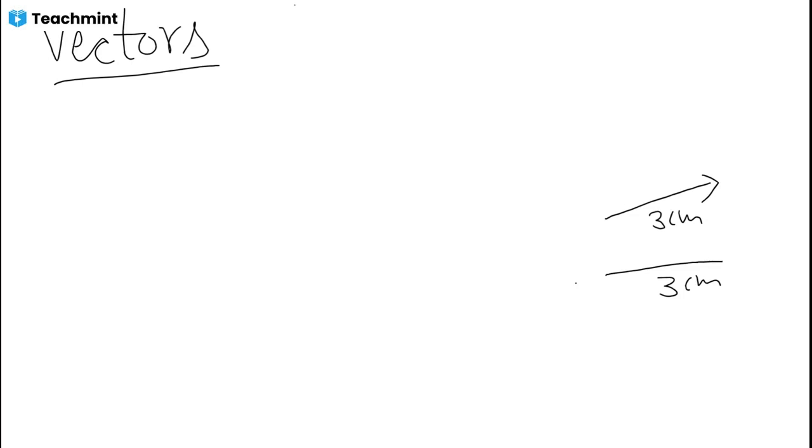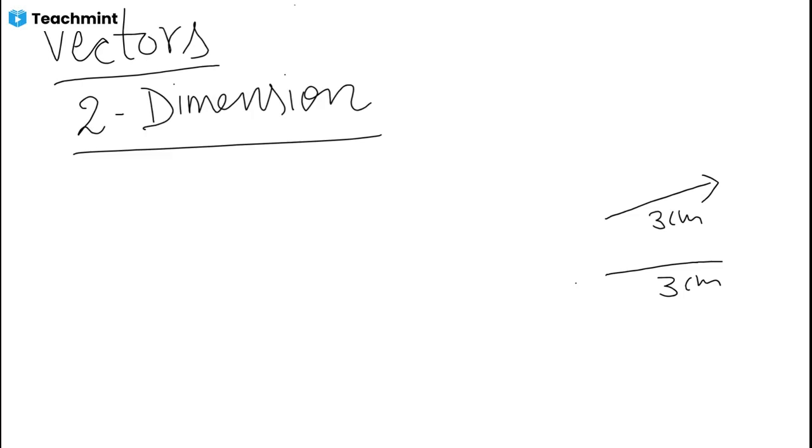So how can we represent a vector in 2D? We have x-axis and y-axis. This unit length is said to be I, and this unit length is said to be J. So we can represent any vector, like we have a vector here.